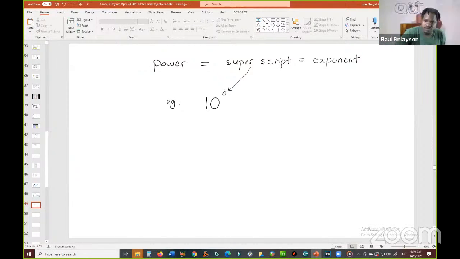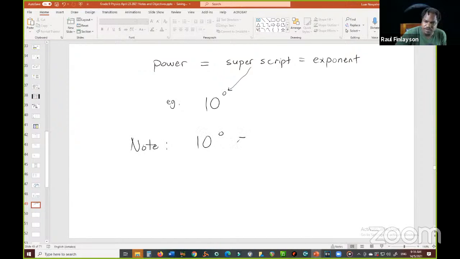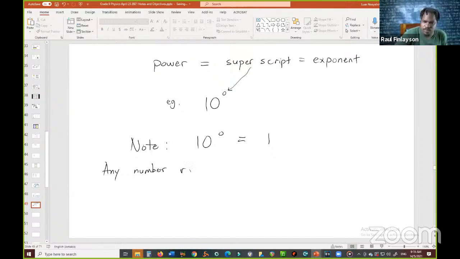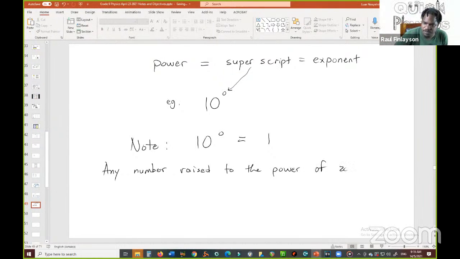So note, that's a rule here: 10 raised to the power 0 is 1. Any number raised to the power of 0 is 1.